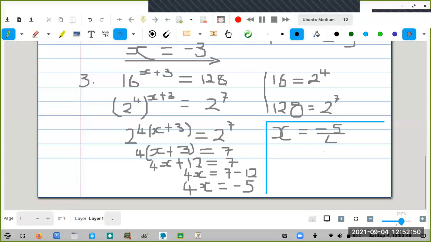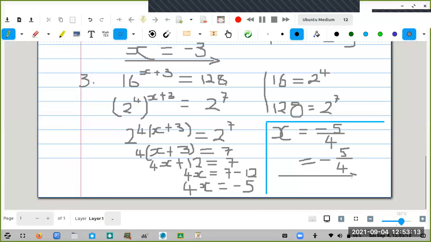So it means our value of x is equal to negative 5 over 4. So that's our final value.